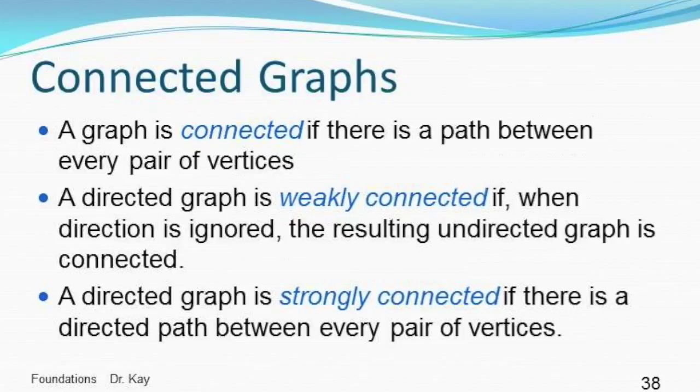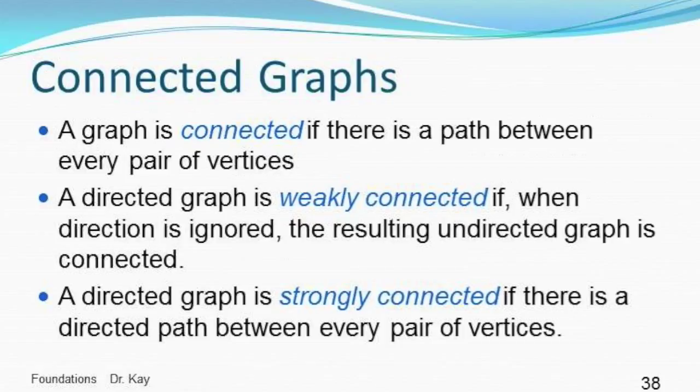We call a graph connected if there's a path between every pair of vertices. And we say that it's weakly connected if, when we ignore direction on a directed graph, so we only talk about weakly connected on a directed graph, if we ignore the arrows for a minute and just think of each edge as going both ways, if that directed graph would be connected, then we say it's weakly connected.